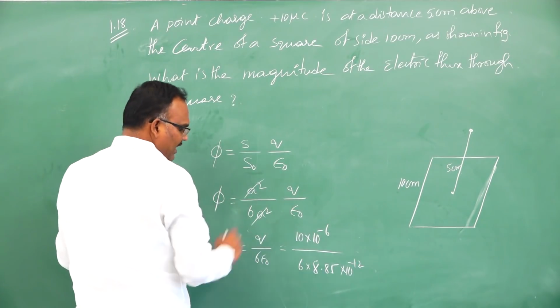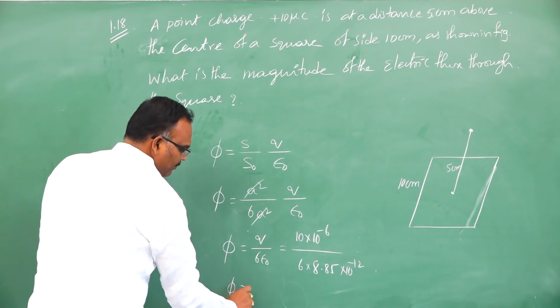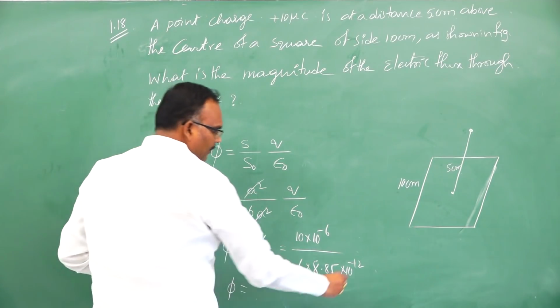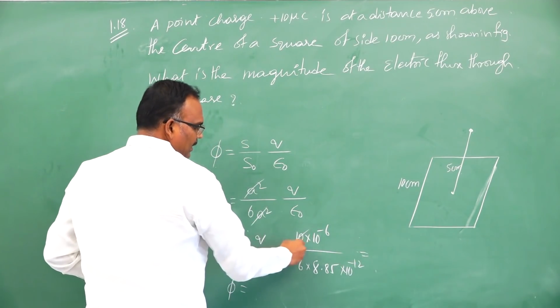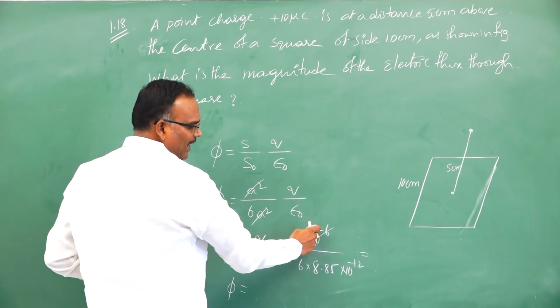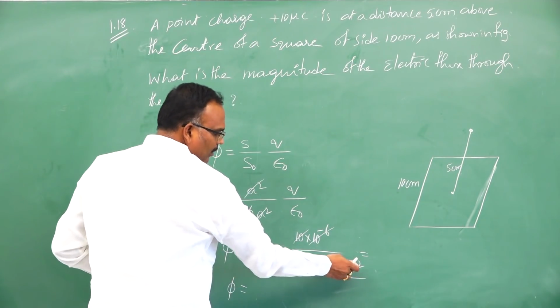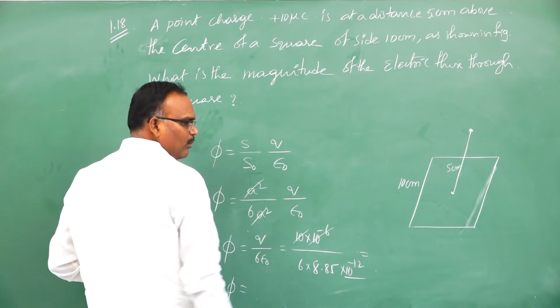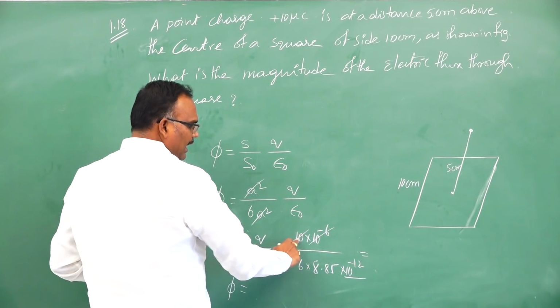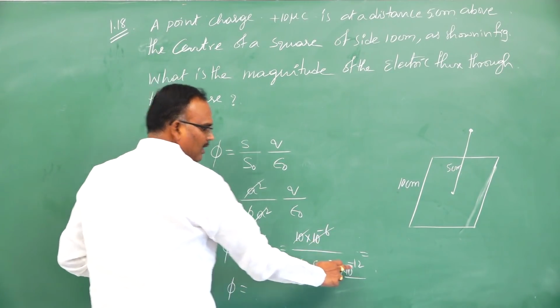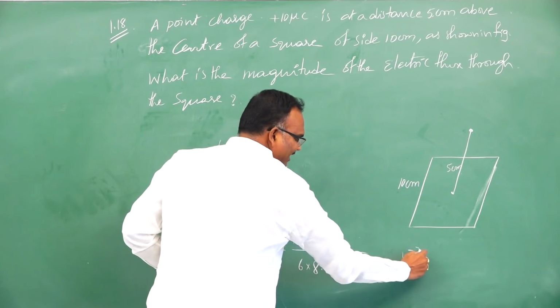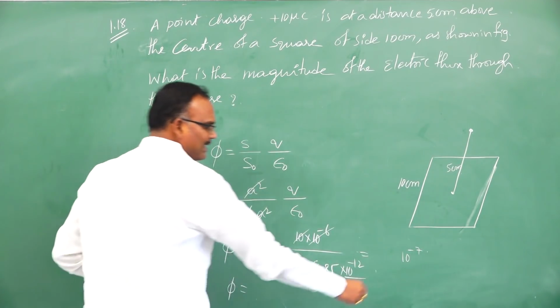You have to simplify this to get flux phi. If we simplify, this is 10 to the power of minus 5. The 10 to the power of minus 12 comes to the numerator and becomes plus 12. Here I have 10 power minus 5, so 10 power plus 7 is left.